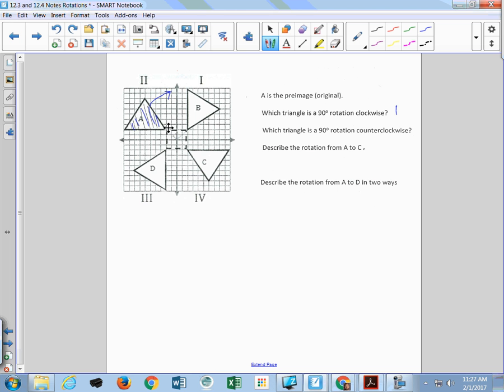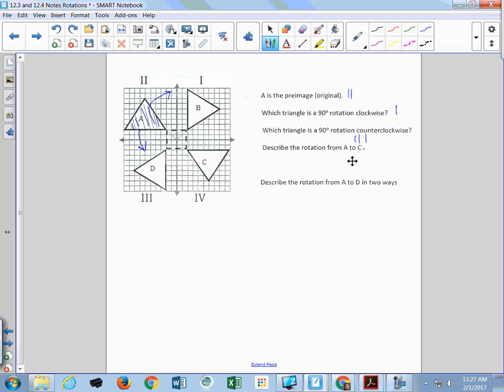Okay, if I go 90 degrees counterclockwise, that means I'm going to go left. That means I am going to go down 90 degrees. That's one quadrant, and I am in quadrant 3. And A is in quadrant 2.